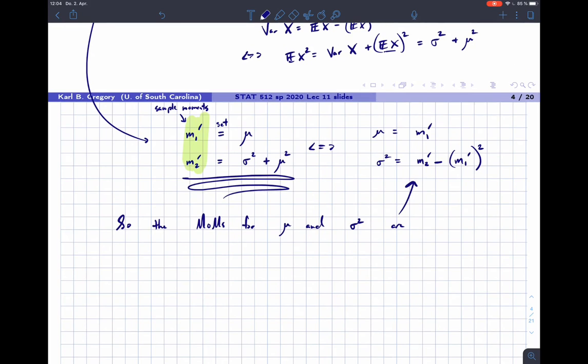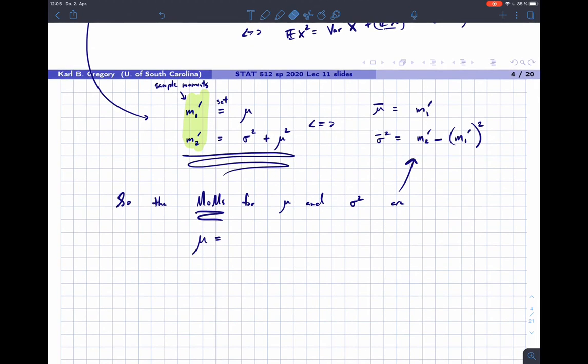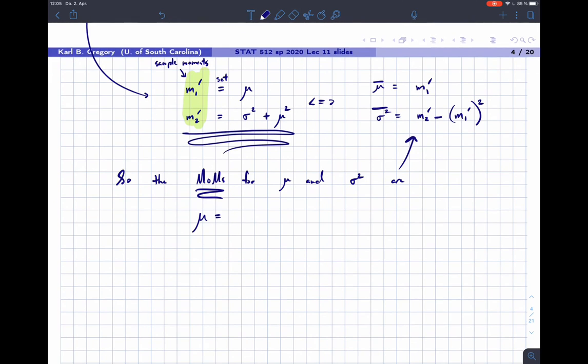We might want to write them down with more familiar notation. So for the method of moments estimators, I like to put a bar on top of them so that we kind of know. Let me put the bar kind of over the square. So our mu bar, our method of moments estimator for mu, is the first sample moment, which is x bar.